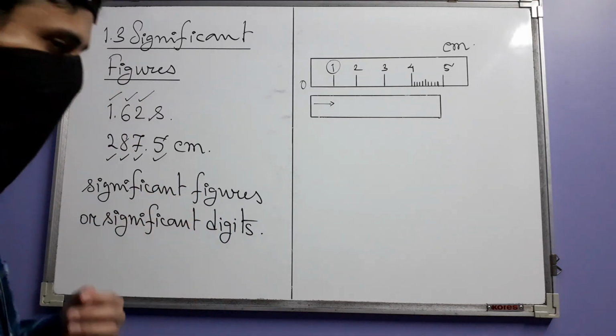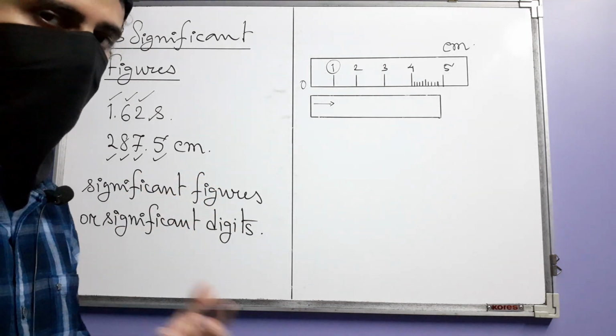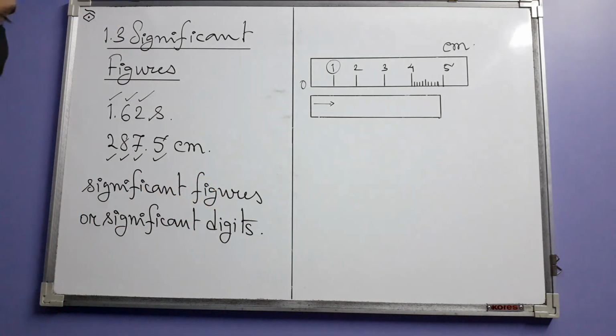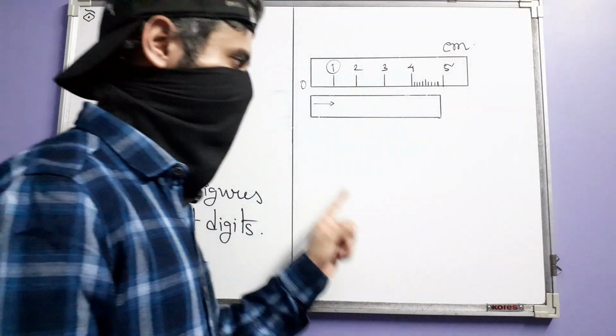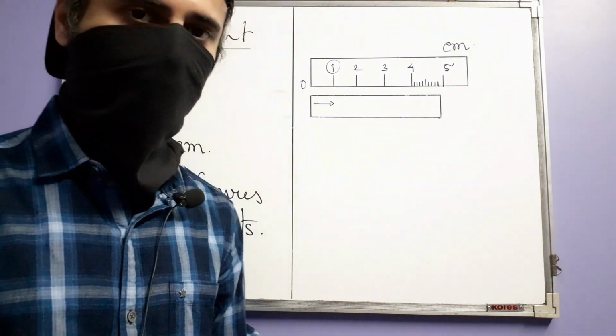But what is the significance of this term, significant figures or significant digits? Why should we give these digits this name? Let us now see how errors actually arise in a measurement.